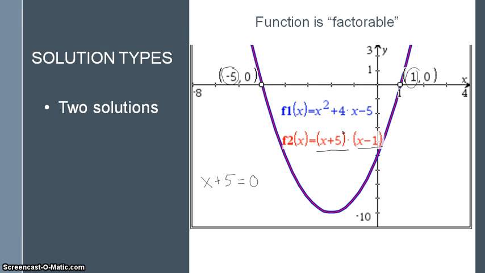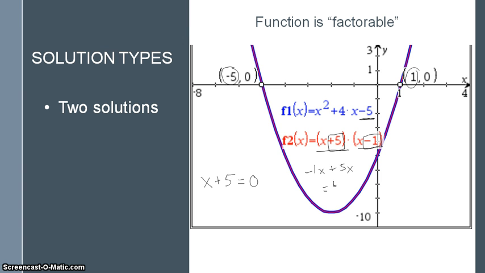And the last thing I want to point out is if we look at this, positive 5 and negative 1. Positive 5 times negative 1 is negative 5. And if we look at the two middle steps of FOIL, the outer terms and then the inner terms, we add them. So we do negative 1 times x, which is negative 1x, plus 5x.